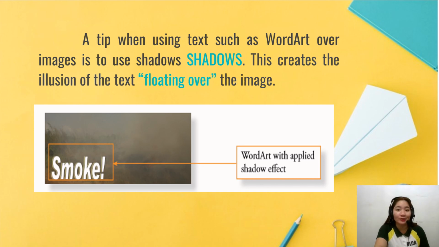When you click on the WordArt style, the Drawing Tools contextual tab appears. Click on Shape Effects under the Shape Styles group, then click Shadow to choose a shadow effect from the given choices. This creates an illusion of the text floating over. In addition, shadows make the text more visible.